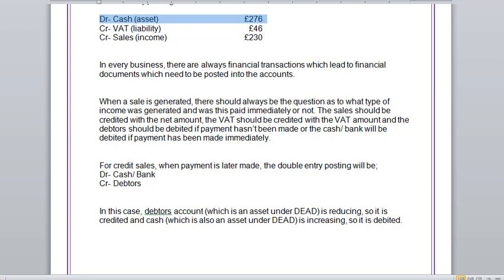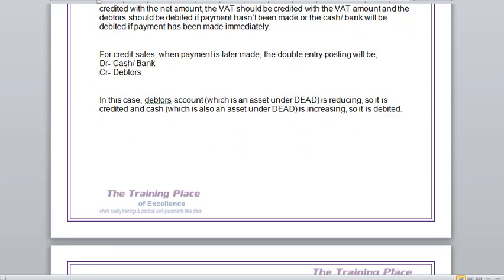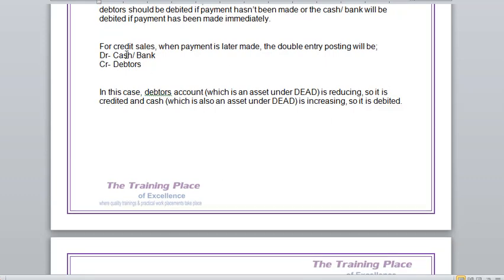The sales should be credited with the net amount, the VAT should be credited with the VAT amount, and the debtors should be debited if payment hasn't been made, or the cash or bank will be debited if payment has been made.